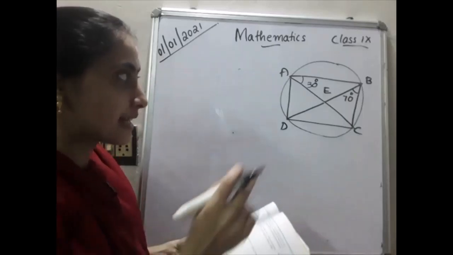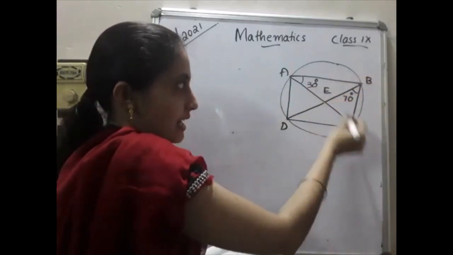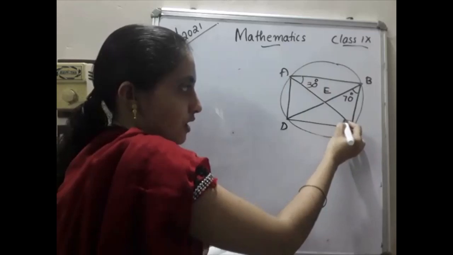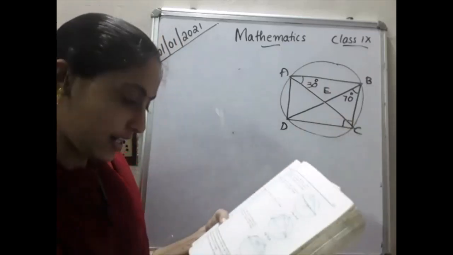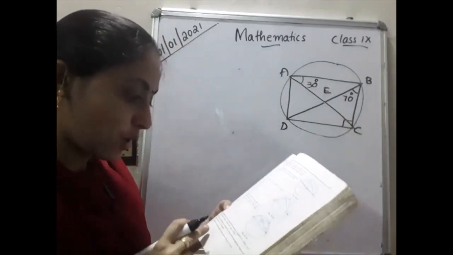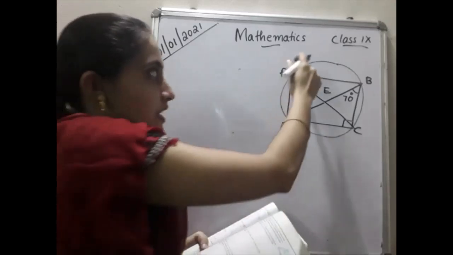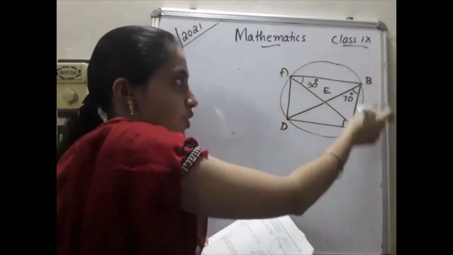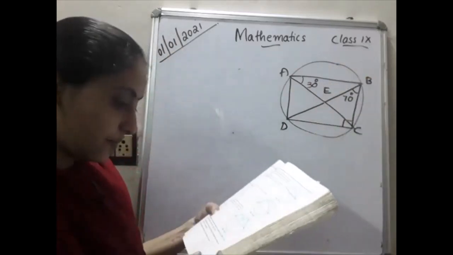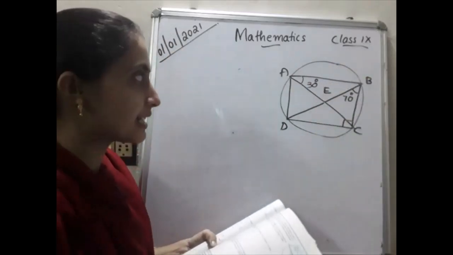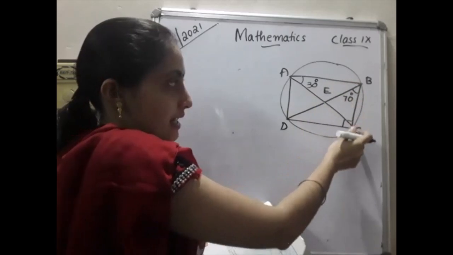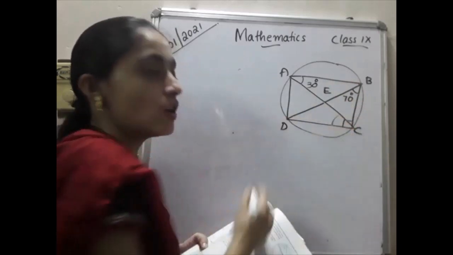Find angle BCD. This full angle you have to find. Plus one more condition is given: further, if AB is equal to BC, these two sides are equal, then you have to find ECD. This half portion also you have to find.